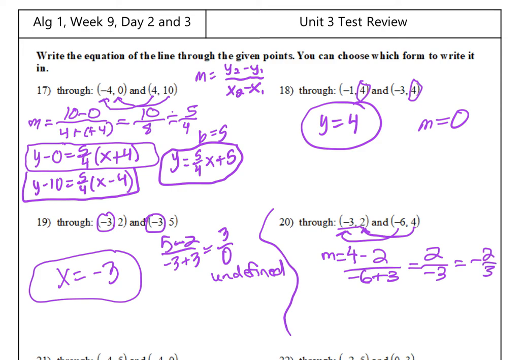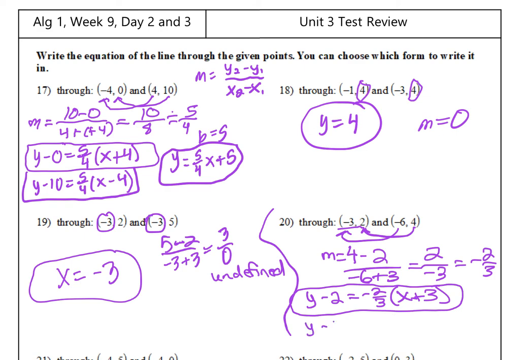That makes our point slope answers be, if I use the first point, y minus 2 equals -2/3 times x plus 3. That's one of our options. And then we can do y minus 4 equals -2/3 times x plus 6.